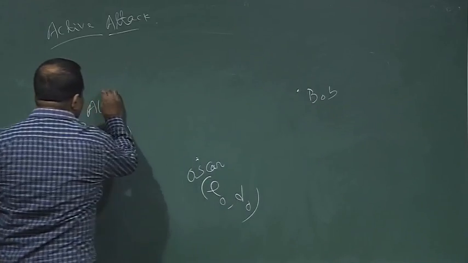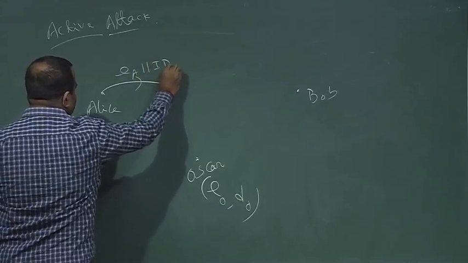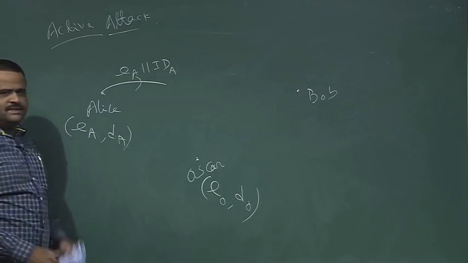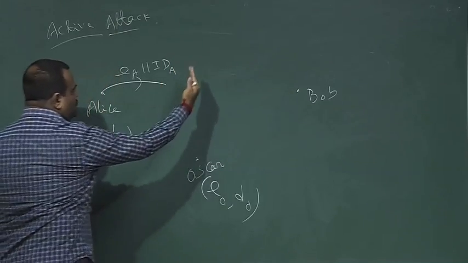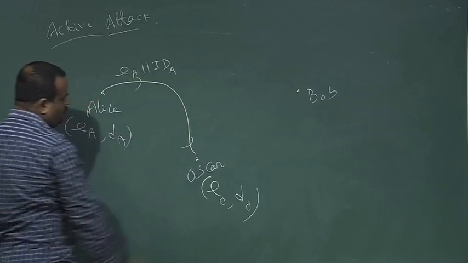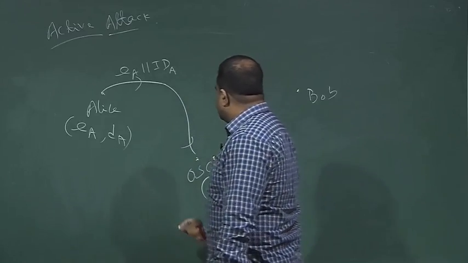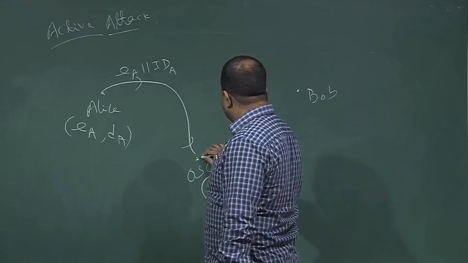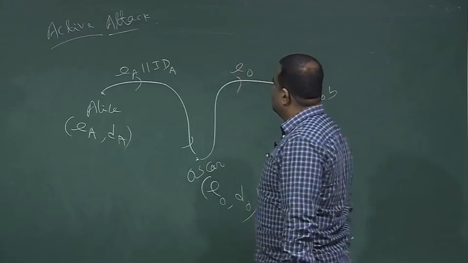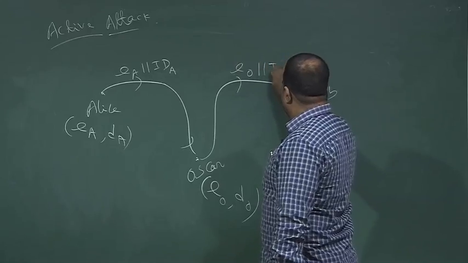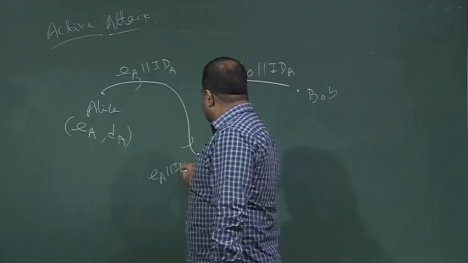Now Alice is sending E of A along with ID of Alice over the public channel to Bob. Now, Oscar has control of this channel. Oscar will stop this communication and take this value for himself. Then Oscar sends Bob his own public key along with Alice ID, because Oscar received Alice public key and Alice ID.